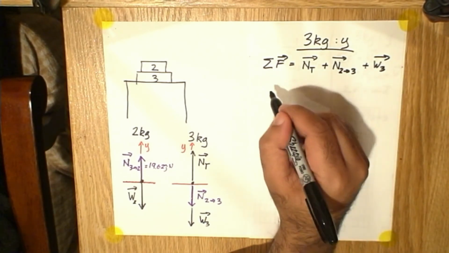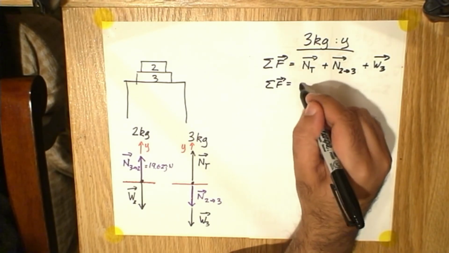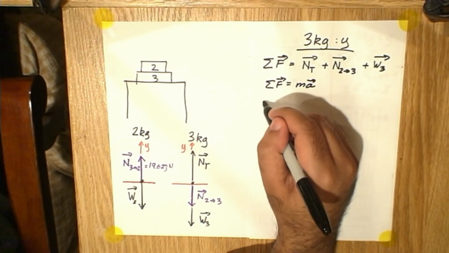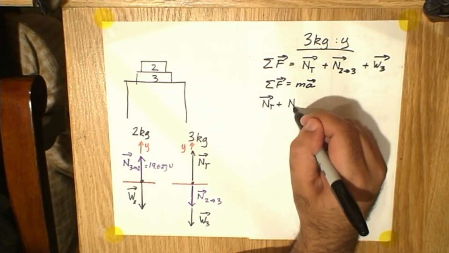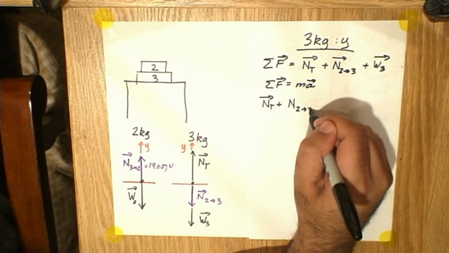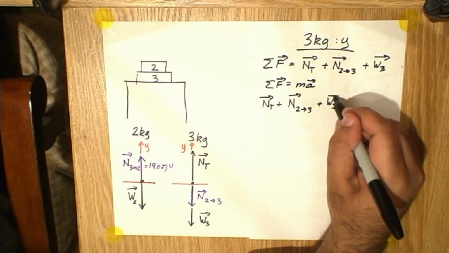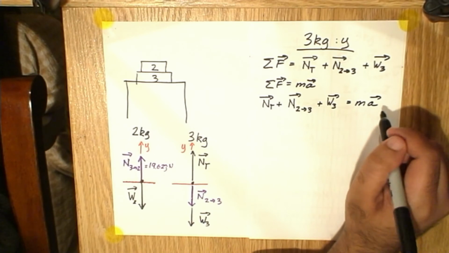But total force is also equal to mass times acceleration. So we can say that the normal force from the table plus the normal force of 2 on 3 plus the weight of 3 is all going to add up to mass times acceleration.